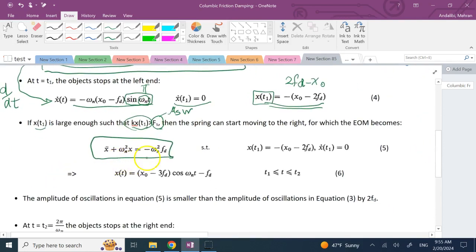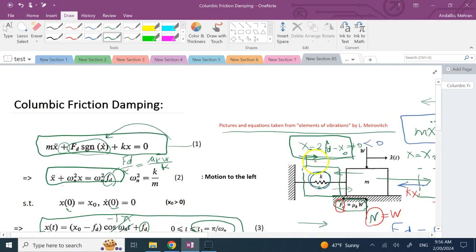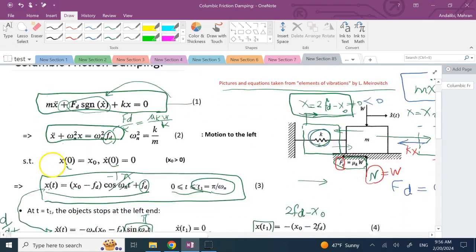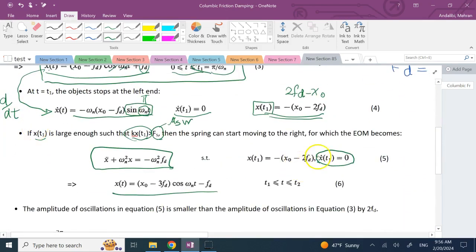Again, the solution to that is going to be something like this, because now you have two new initial conditions. X dot at time t1 is 0. Remember, you stop at the very left, but x at time t1 is not 0 anymore. It is what? It is this here. It is that 2ft minus x0.